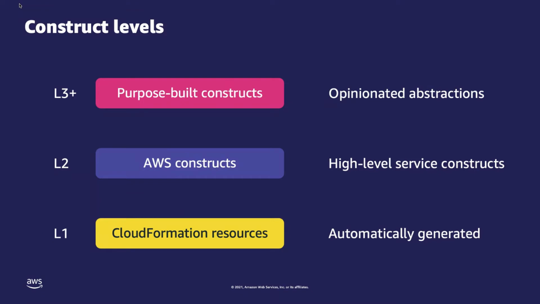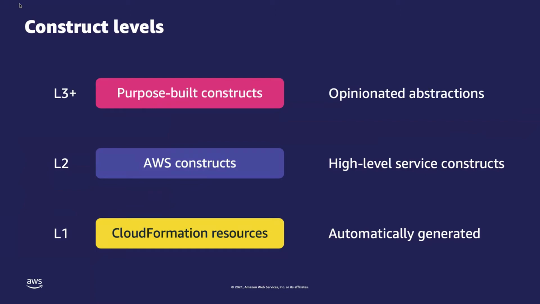Where we have automated a few of these things with some best practice defaults, you can use L2 constructs. And then we have L3 constructs, which are cloud patterns: combinations of multiple AWS services stitched together in a best practice way.